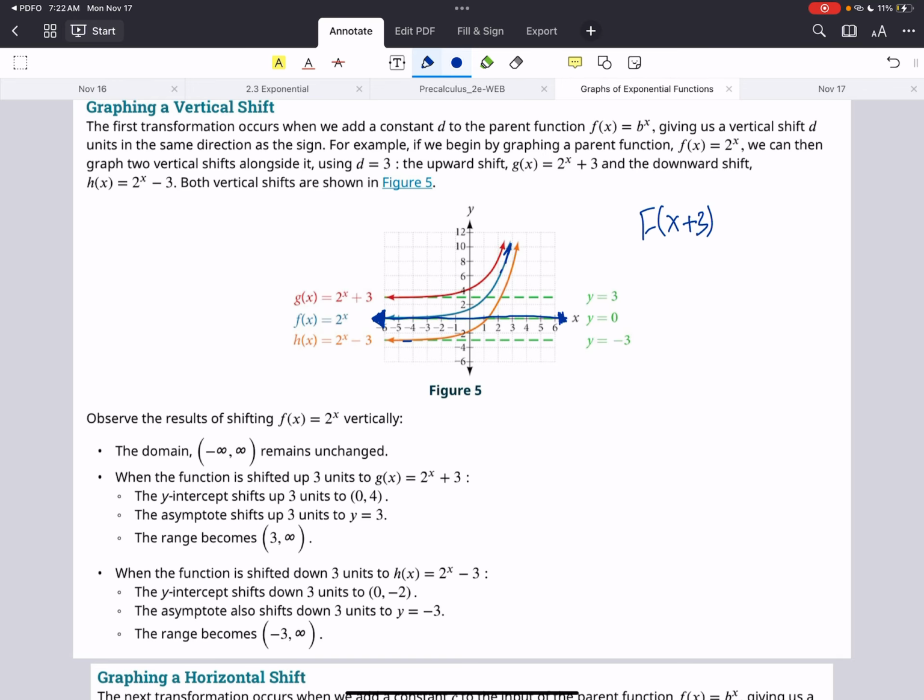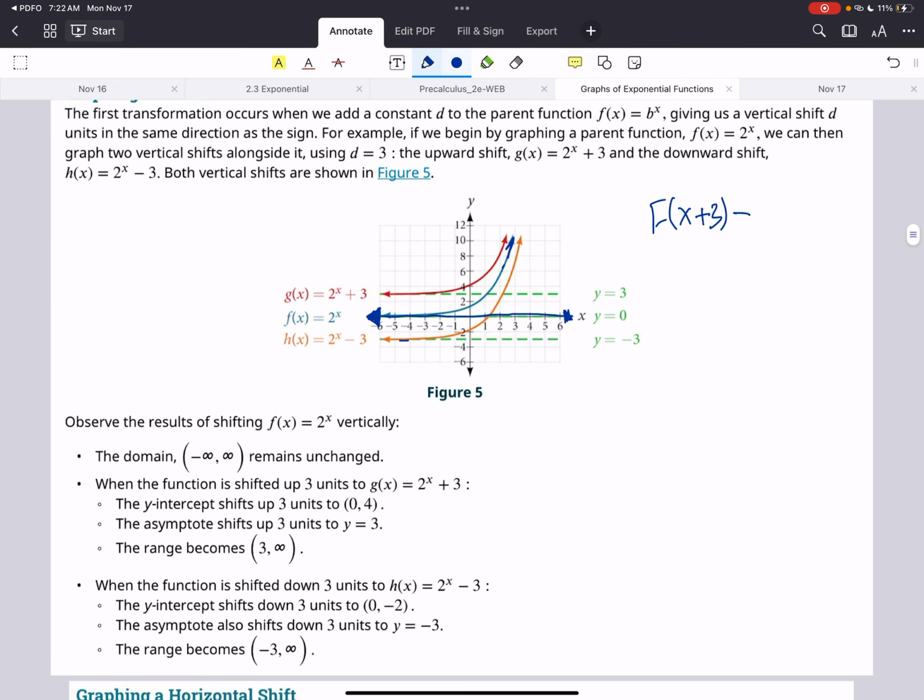Now if I add to x, this means it will move to the left 3 units. I'm sorry that my f is basically a stick with an s, but I believe it's more convenient than writing a fancy f. You see how easy that is? Anyways, moving on. But if I subtract 3 from x, it moves to the right 3 units.